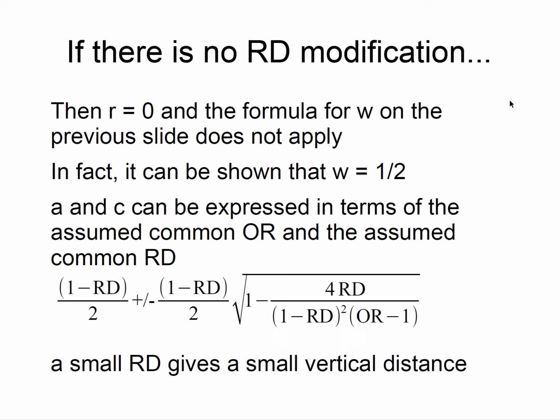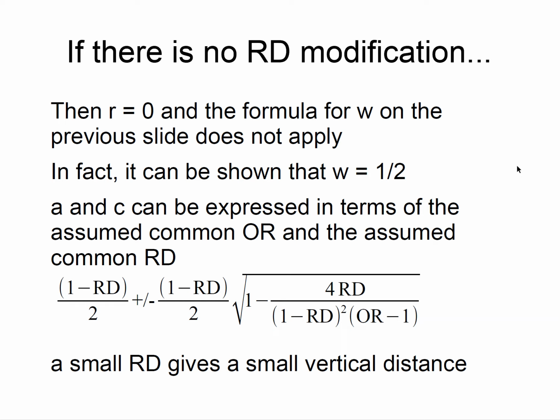Now it turns out that there's a relationship between the probabilities in strata 0 and then implicitly in strata 1, that A and C, in the situation in which there is no odds ratio modification and no risk difference modification, we can express A and C in terms of the assumed common odds ratio and the assumed common risk difference.